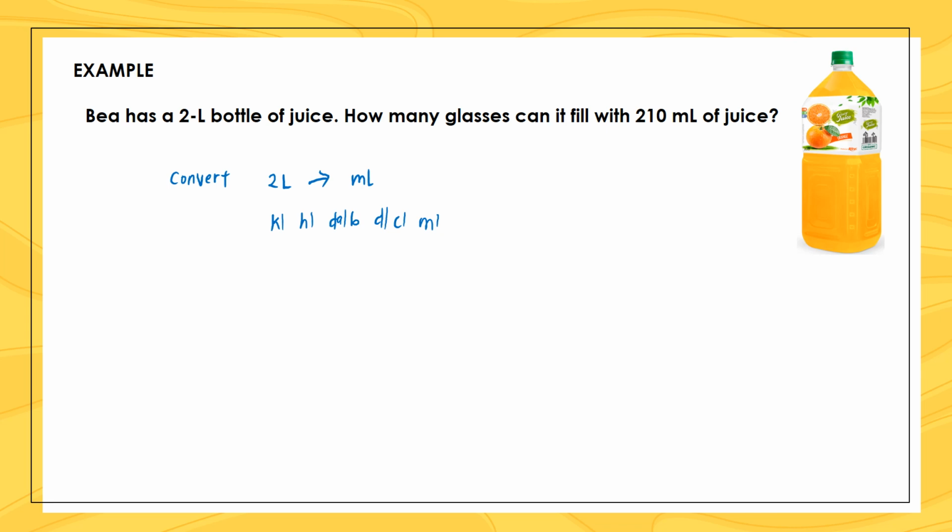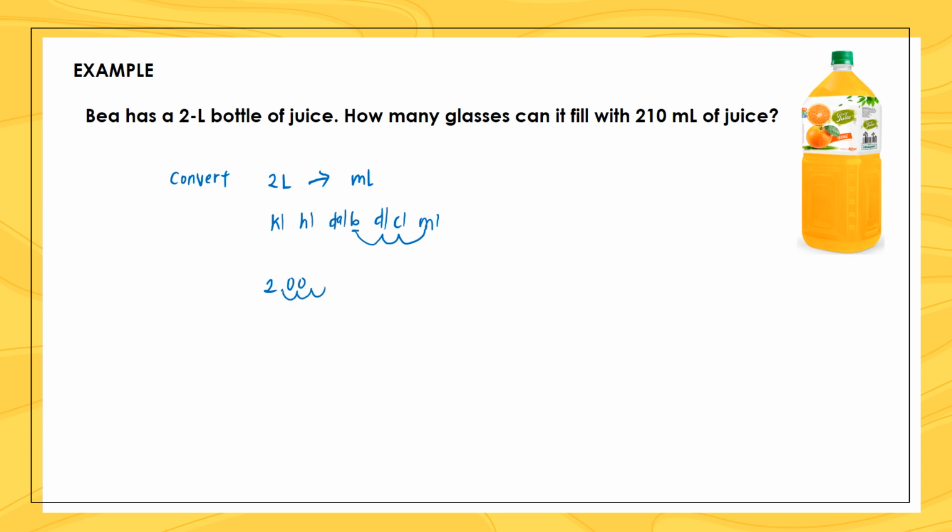So from liter, how many decimal places to reach milliliter? From here, this is your liters, right? So 1, 2, 3. So we will move 3 places to the right. So write your given number here, 2, and then here's the decimal point. Just move it 3 places to the right. 1, 2, 3.